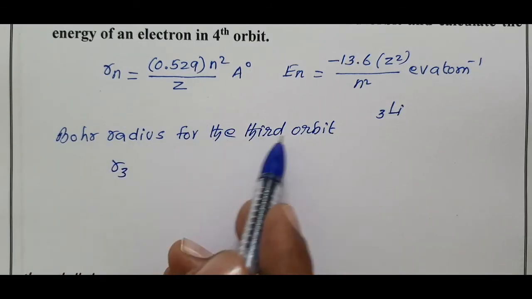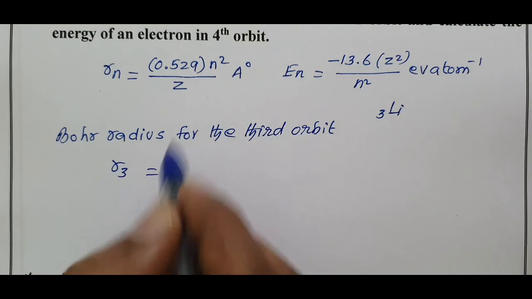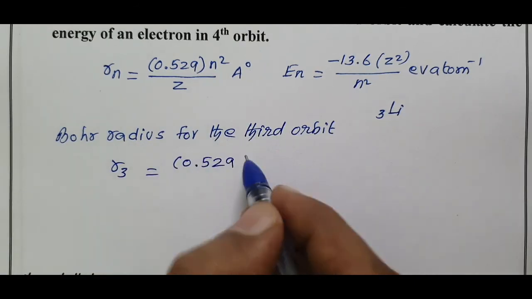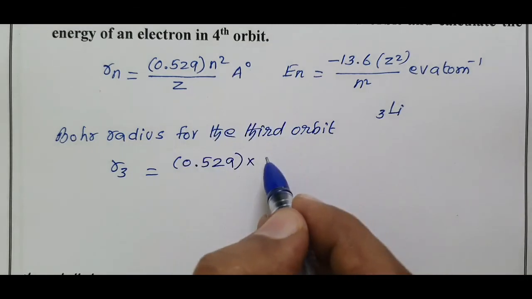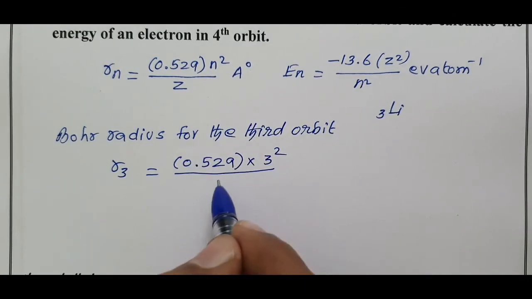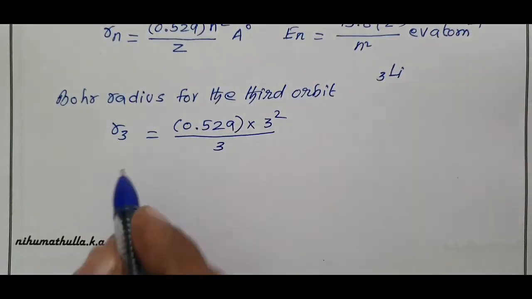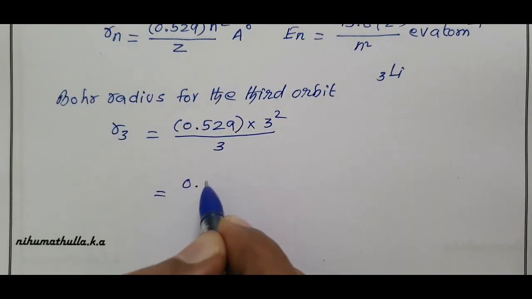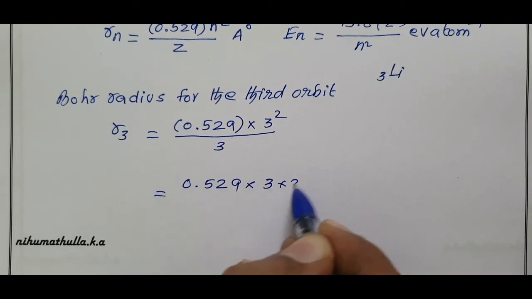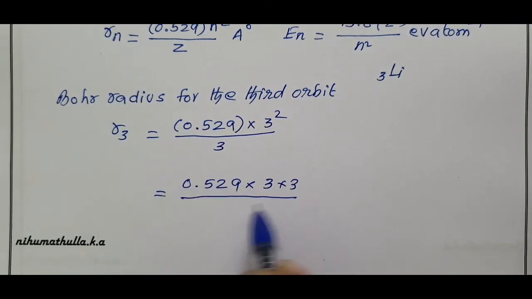So R3, the radius for the third orbit, equals 0.529 into n squared, that is 3 squared, divided by atomic number, which is also 3. That is equal to 0.529 into 3 into 3 divided by 3.